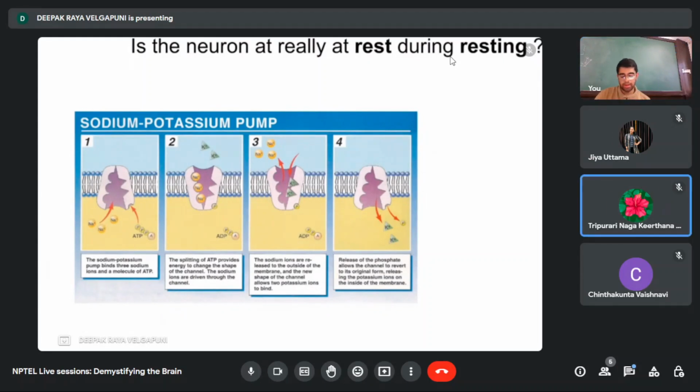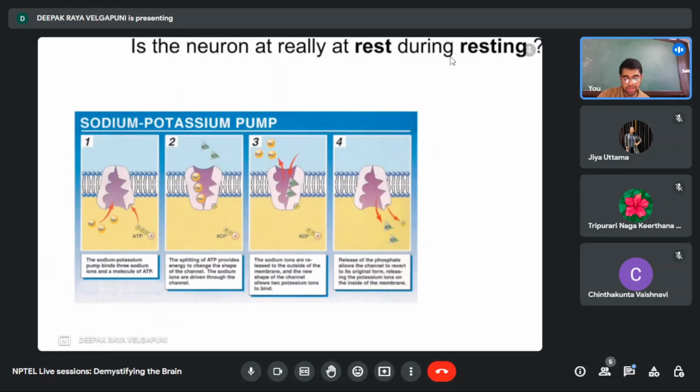Yes, sir. So in order to counteract the effect of continuous inflow for a long period, the sodium potassium pump comes into play. It consumes energy from adenosine triphosphate, which is generated through cellular metabolism in mitochondria, and this ATP loses a phosphate ion and then binds to this.